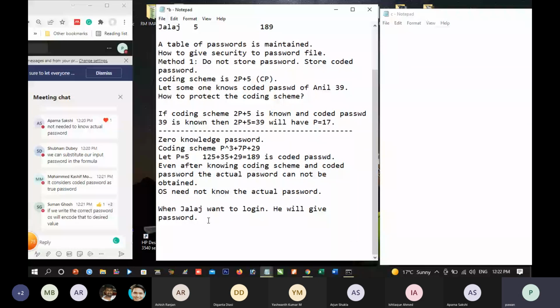A claimed password will be coded under the given scheme. If the code matches with the coded password, then entry is permitted.